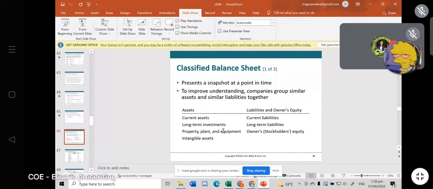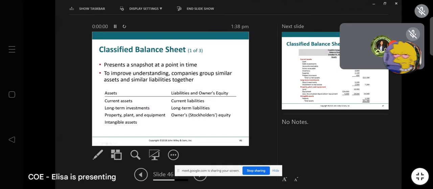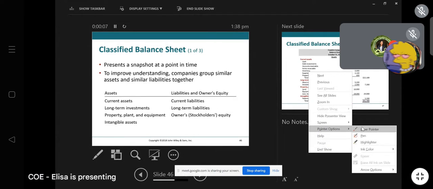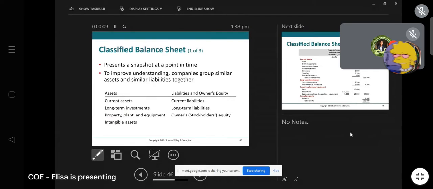Our assets are classified as current assets, long-term investments, property, plant, and equipment, and intangible assets. And then liabilities and owner's equity are also classified as current liabilities, long-term liabilities, and owner's or stockholders' equity.